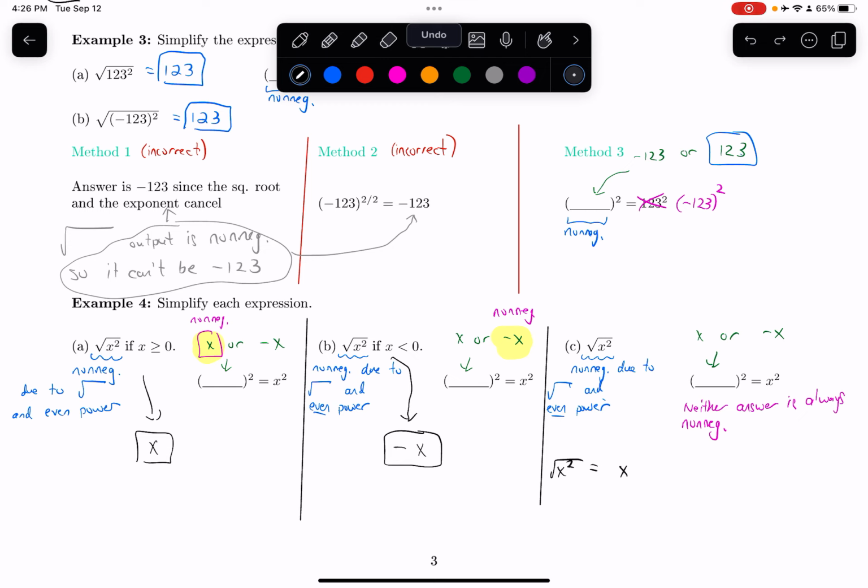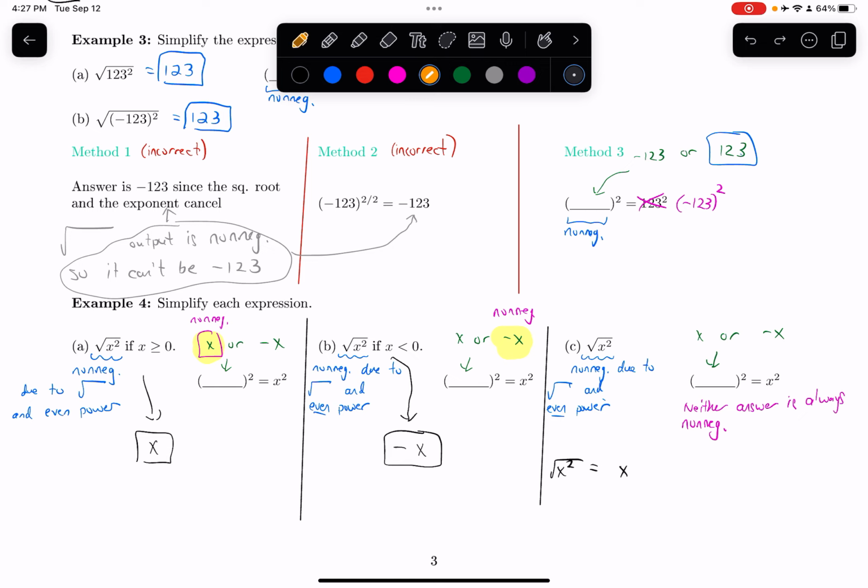So what I need is, I need to do something to this answer that, like right now, if I plug in a positive number, it's good. I need it to stay the same. But if I plug in a negative value into this, I need it to switch its sign so that it matches the sign of the other side. So there's a thing in math that does that. If a number's non-negative, it leaves it as it is. But if it's negative, the sign gets switched.